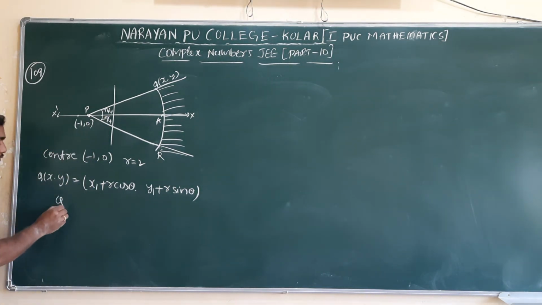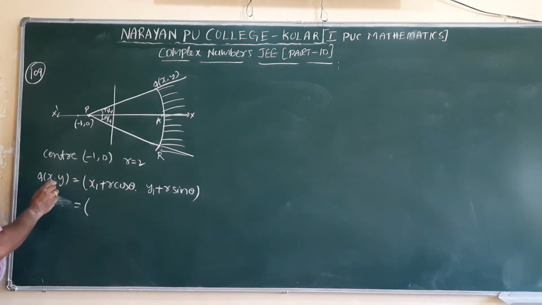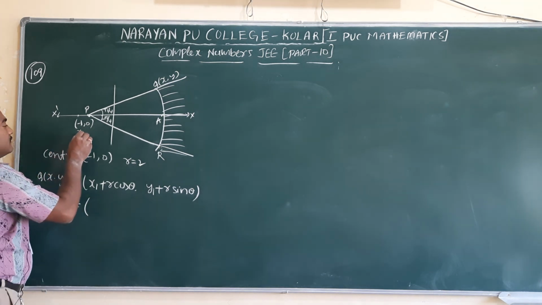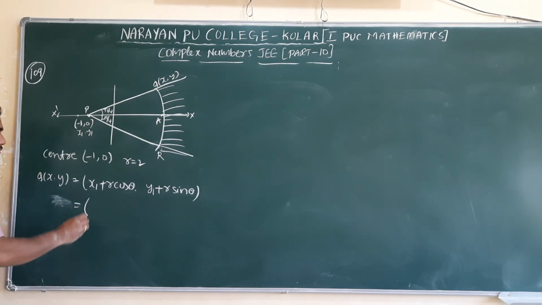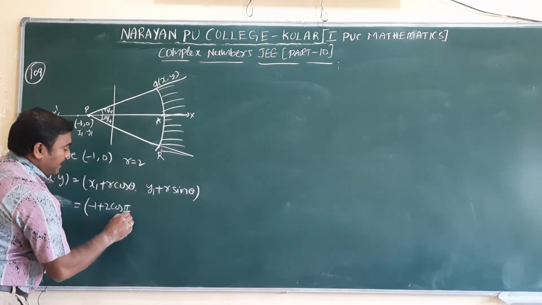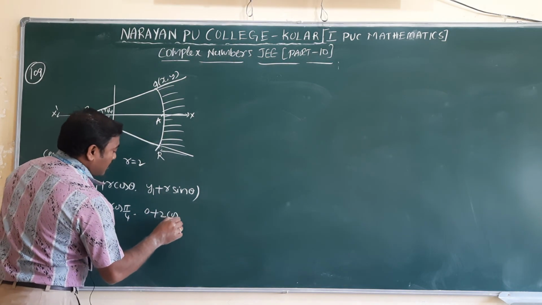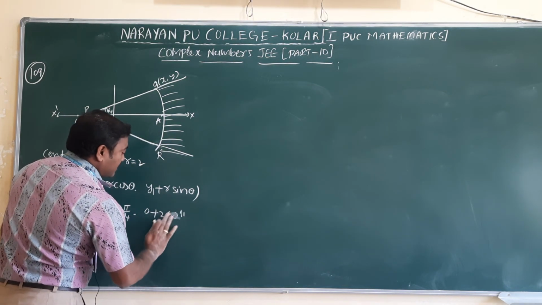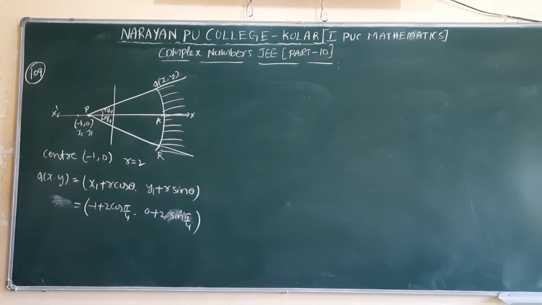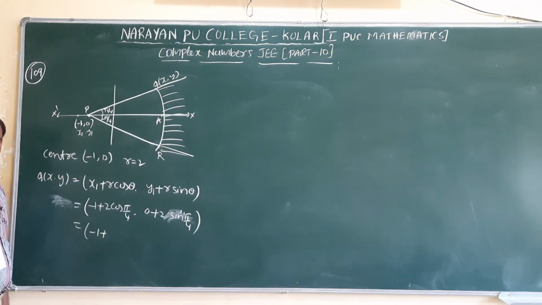So Q is equal to minus 1 plus 2 into cos pi by 4, and 0 plus 2 into sin of pi by 4. Now minus 1 plus 2 into cos pi by 4, whose value is 1 by root 2.